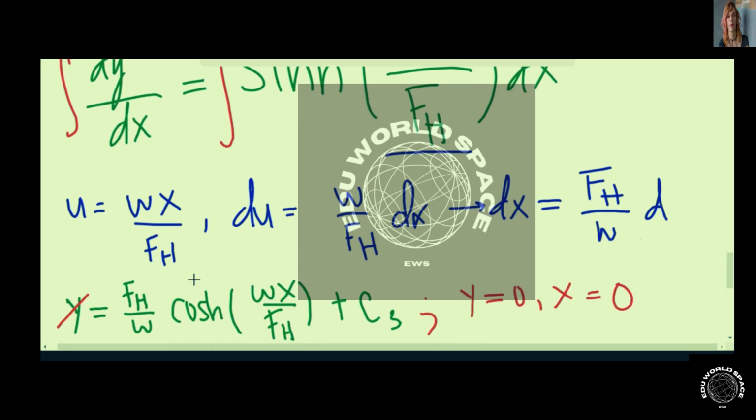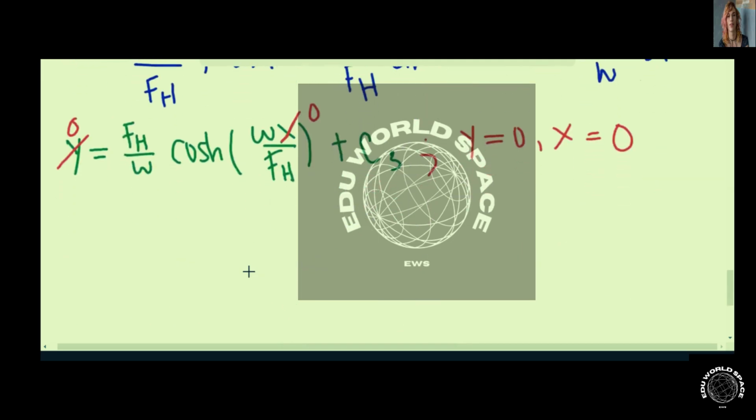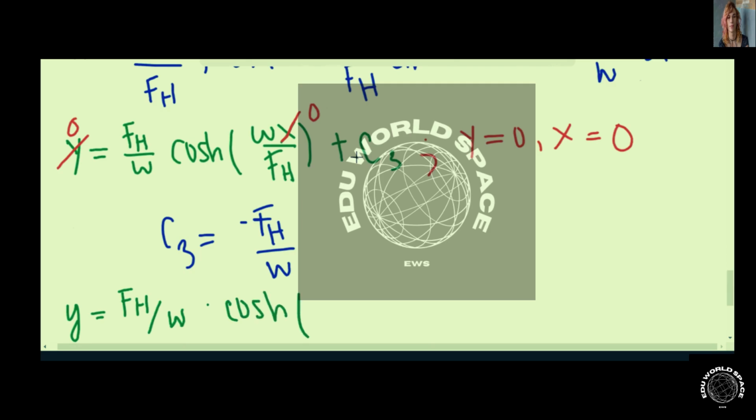And by replacing 0 with y and 0 for x and solving for C3, that constant equals negative f sub h over w, which leaves us with the final equation of y equals f sub h over w times the hyperbolic cosine of w times x over f sub h minus f sub h over w.